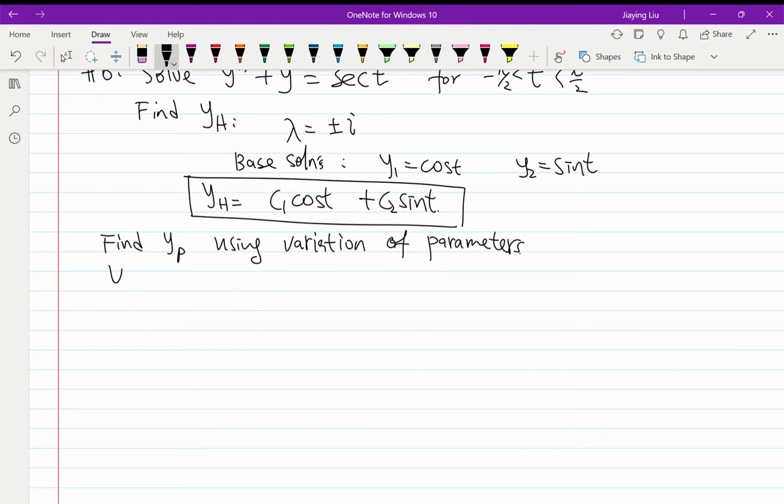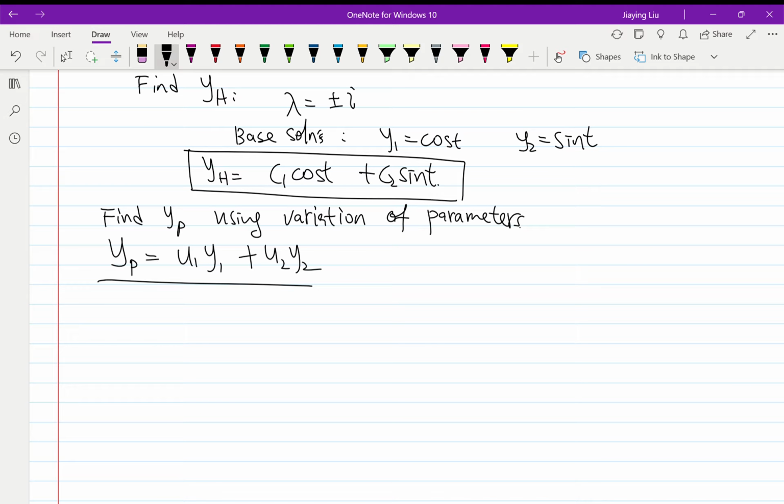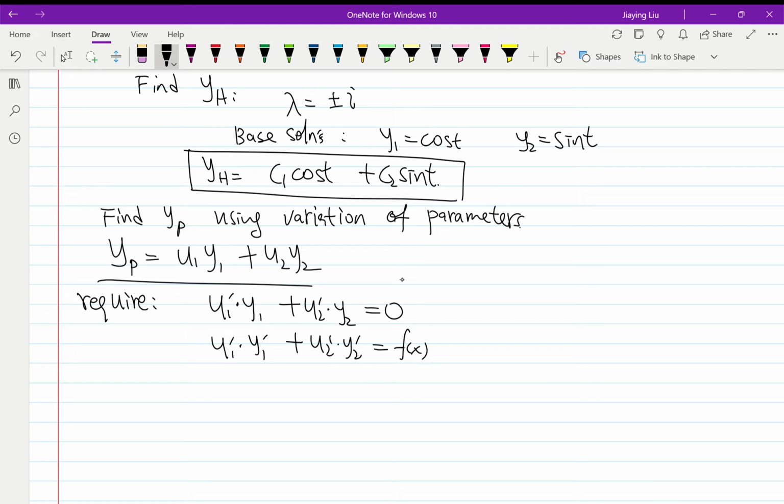Well, we all begin with this general form of the particular solution, which is u1 y1 plus u2 y2. And if we use the system of equations, we should begin with two equations: u1 prime times y1 plus u2 prime times y2 must equal 0, and u1 prime times y1 prime plus u2 prime times y2 prime must equal f of x.